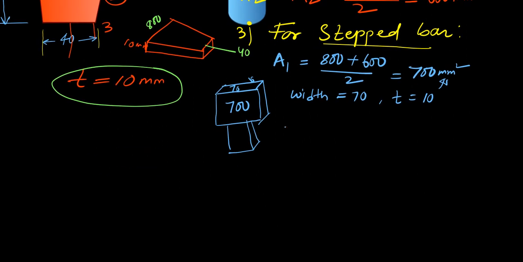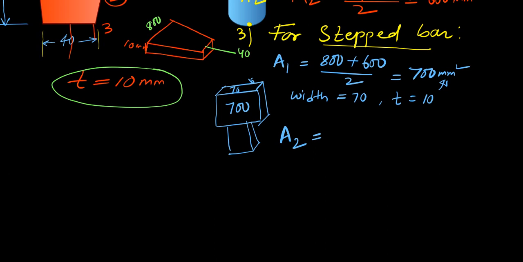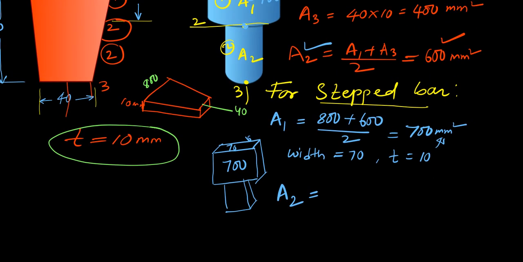Now area for element 2. So for element 2, the connectivity is nodes 2 and 3. Area at 2 is 600, area at 3 is 400. So 600 plus 400, that is 1000 by 2.